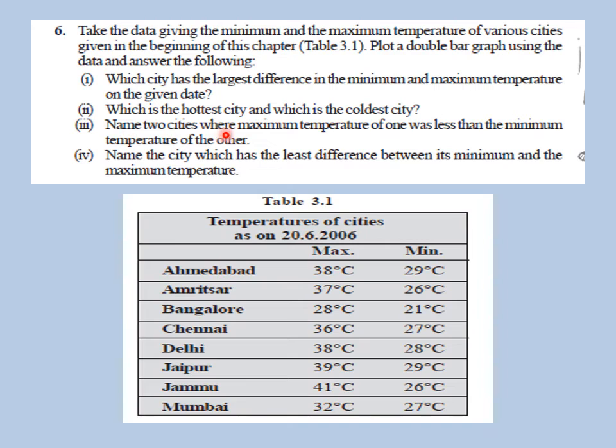Name two cities where the maximum temperature of one was less than the minimum temperature of the other. You can easily look at the bar diagram and answer these questions. Name the city which has the least difference between minimum and maximum temperature. Okay, so let us draw the bar diagram.